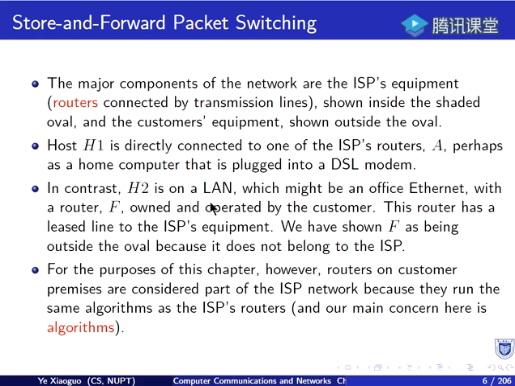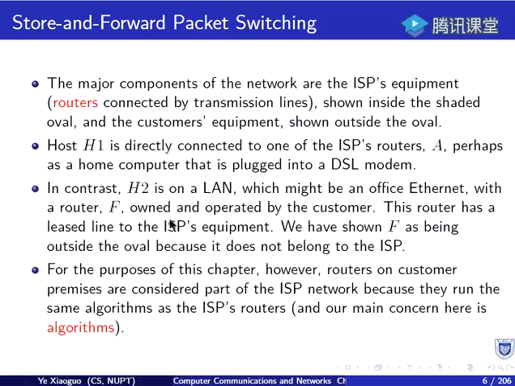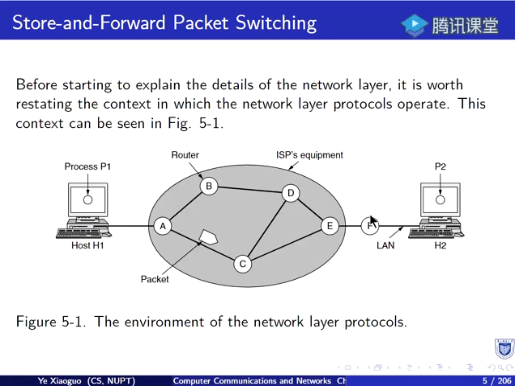So usually H2 is a computer in the office, which might be an office Ethernet with a router F, owned and operated by the customer. Since F is outside of the ISP's equipment, router F is owned and operated by the customers.